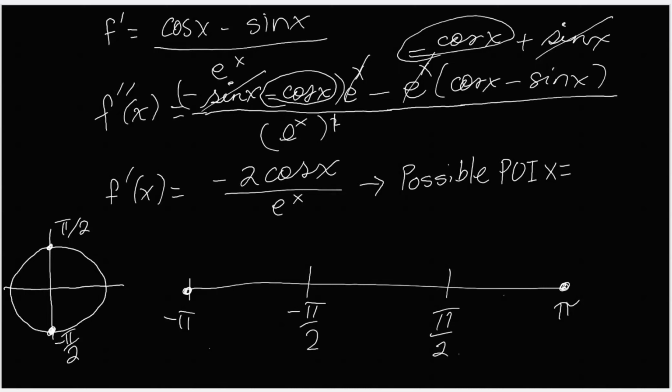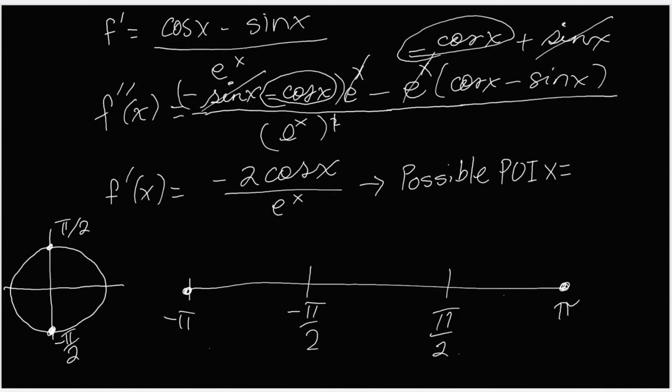Okay, now if we were to really look at the interval and test, let's just do that here. I'm not going to combine that with the first derivative, the increasing, decreasing yet. We're going to put it together later, okay? So here we go.